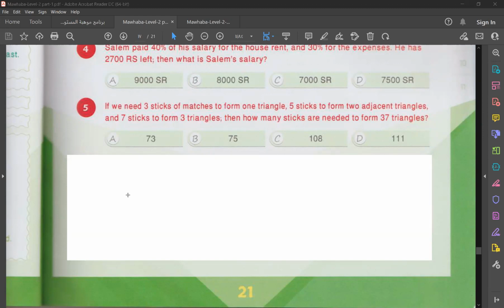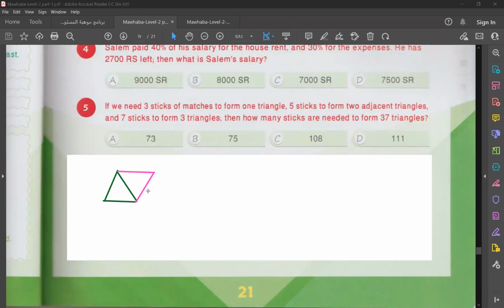Look here. He wants a triangle. This is the first triangle. We have 3 sticks, or 3 sides. Now we want to draw another one. How many sticks do we need to complete it?